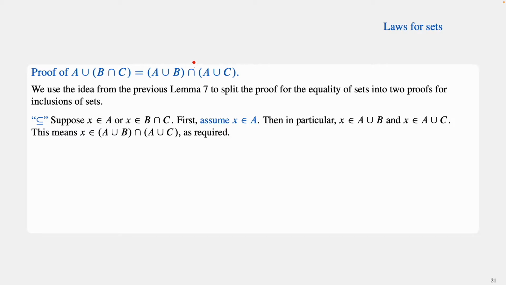So it is contained in this part here. So this proves the first inclusion for the case that X is an element of A.